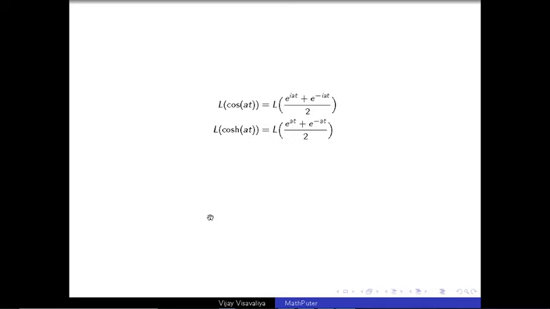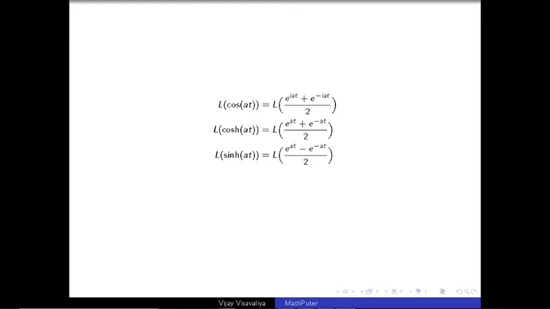You people just try to work out this Laplace transformation of these 3 functions: cos at, cos hyperbolic at and sin hyperbolic at. Again we shall meet on Monday. On Monday we shall recall today's session, the important formulae: Laplace transformation of 1, t, t square.